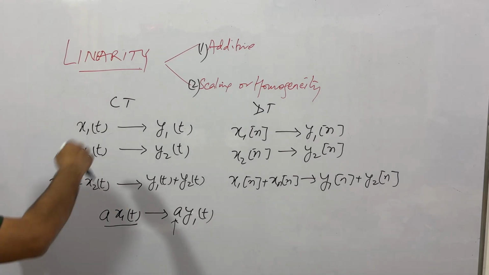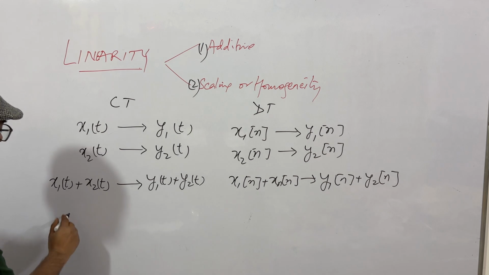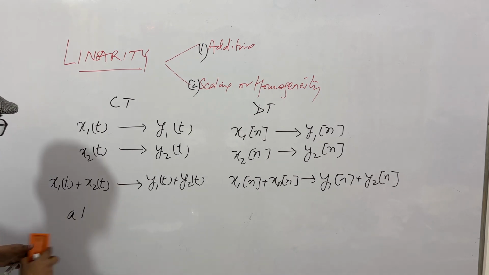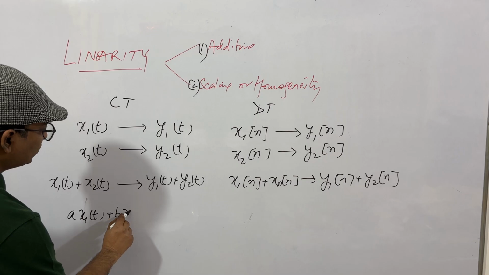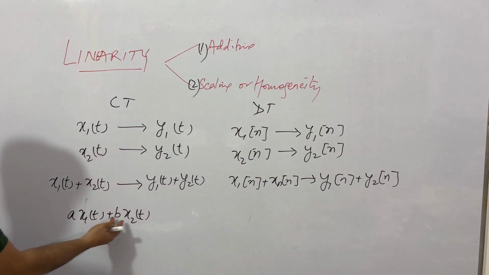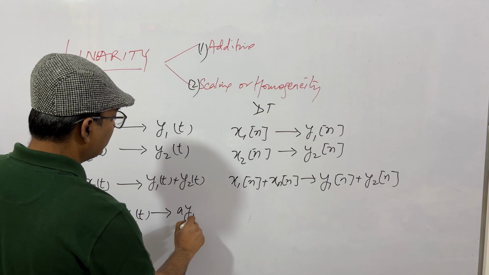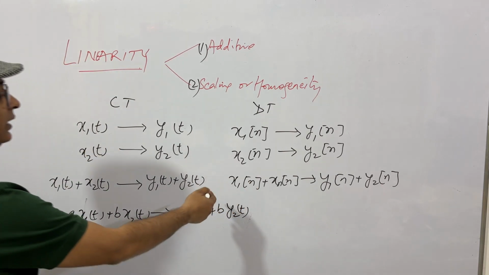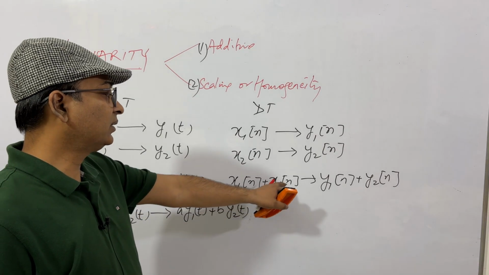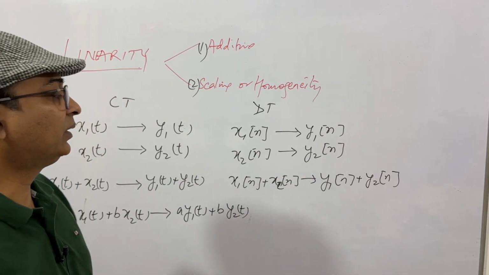Clear? And from these two properties we come to the conclusion that if we give the input a·x1(t)+b·x2(t), where we have used both the additive and scaling properties, then the output should be a·y1(t)+b·y2(t). Similarly, a·x1(n)+b·x2(n) should give a·y1(n)+b·y2(n).